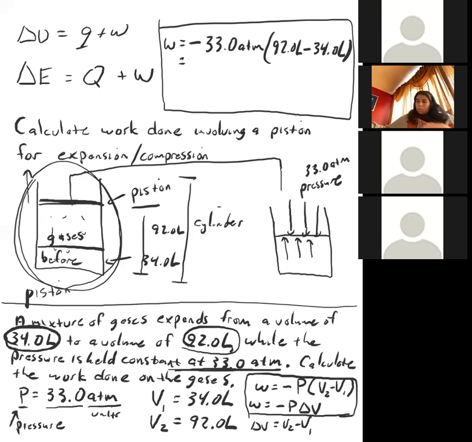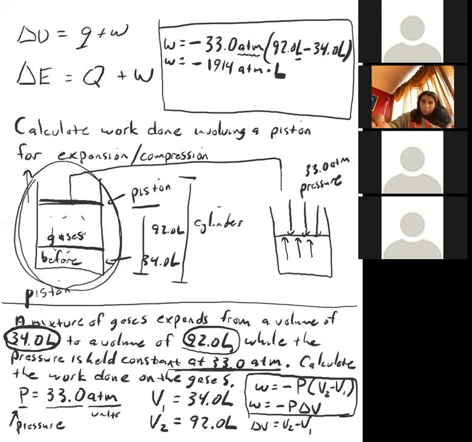So let's do that calculation. 92 minus 34 times 33, and you get negative 1914. What are the units? Atmospheres times liters, because you're taking P and multiplying it by delta V. So atmosphere liters.